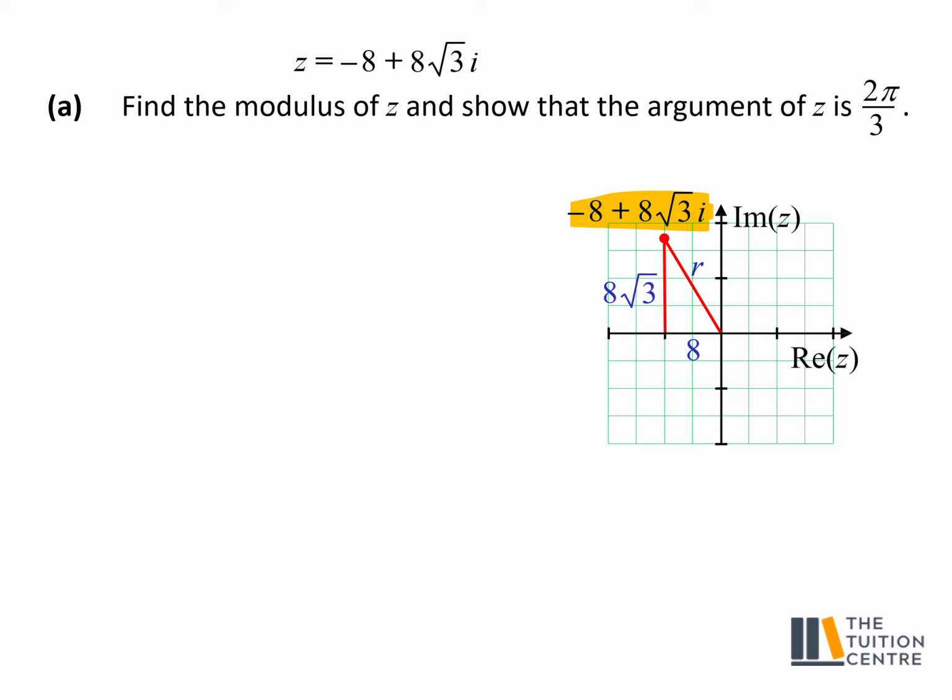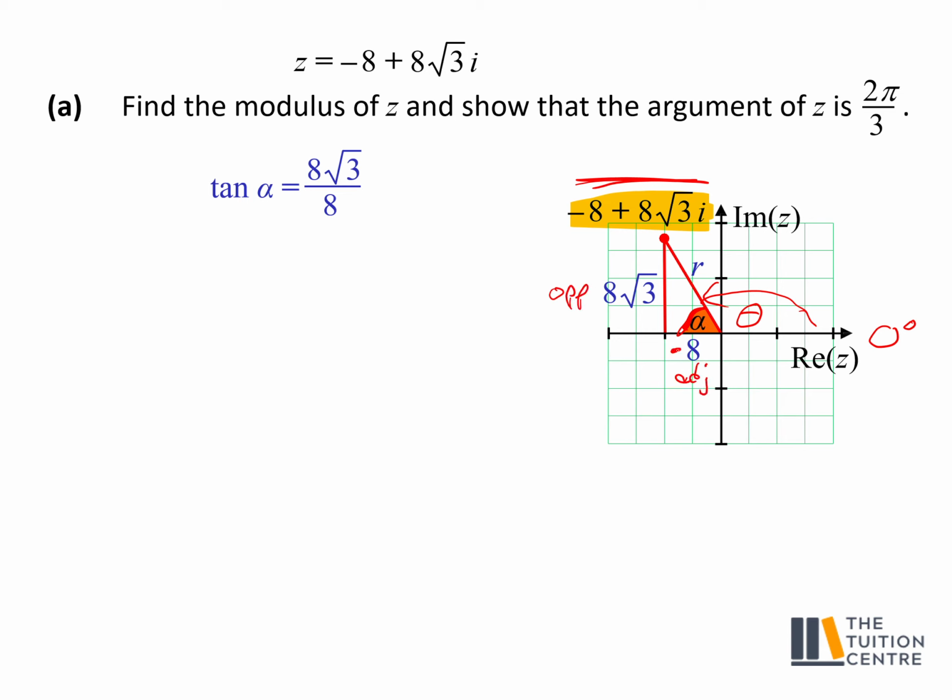The first thing we're going to do is try and find our argument, theta, the degree of rotation anti-clockwise from 0 degrees. We can't find that straight away because it's an obtuse angle, so we're going to use our reference angle alpha within the right angle triangle formed by dropping the vertical from minus 8 plus 8 root 3i. We're going to use tan because we have the opposite and we have the adjacent.